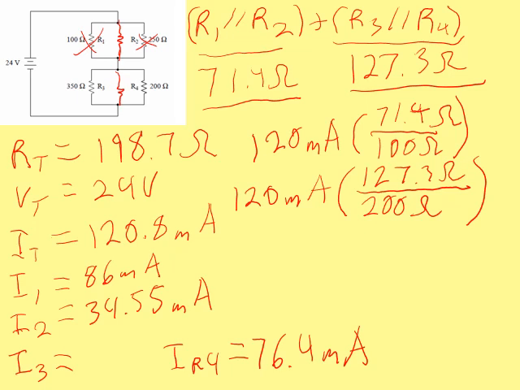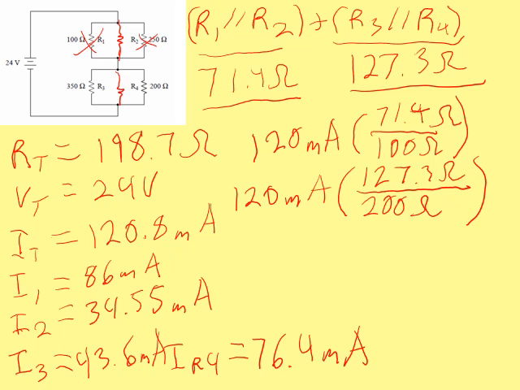So 120 minus 76 gives us 43.6 milliamps.